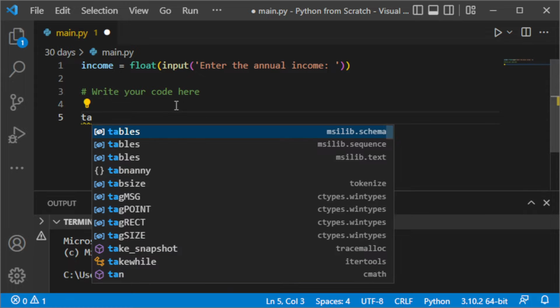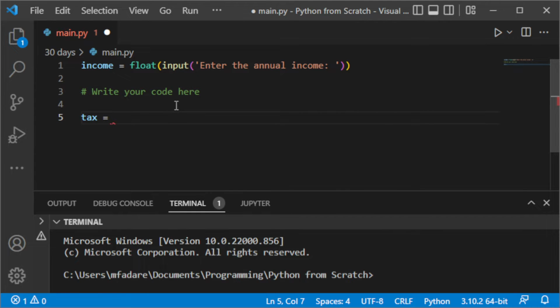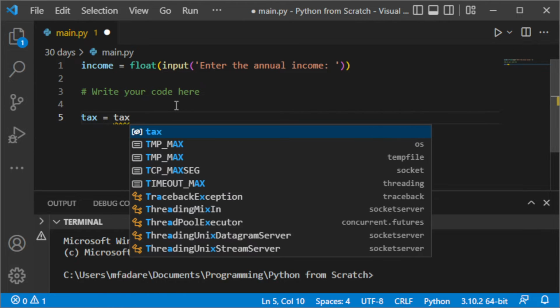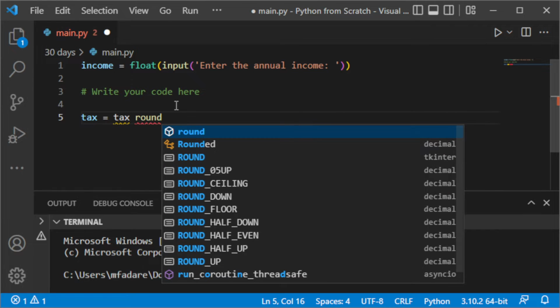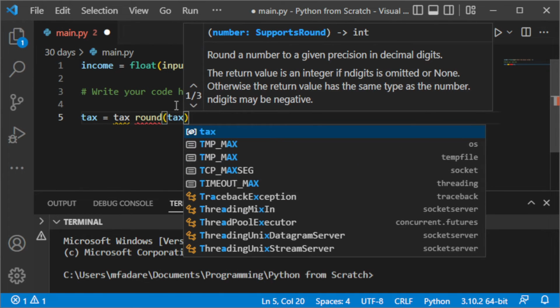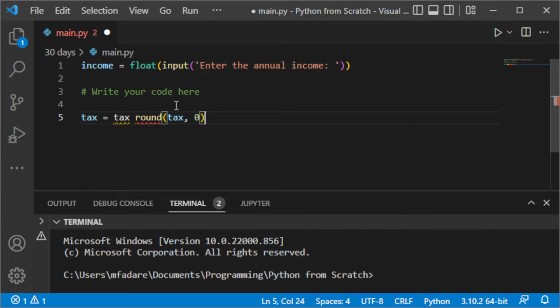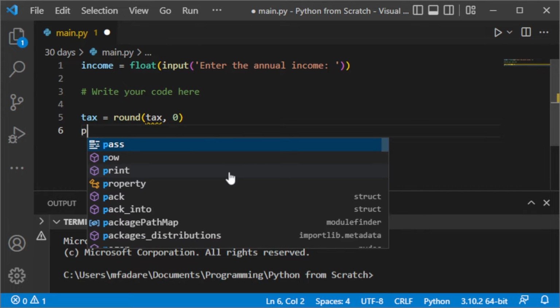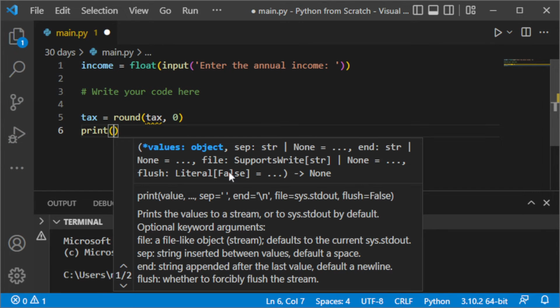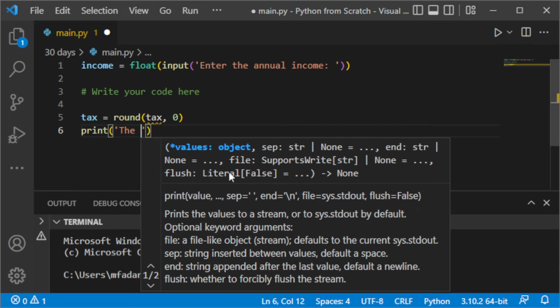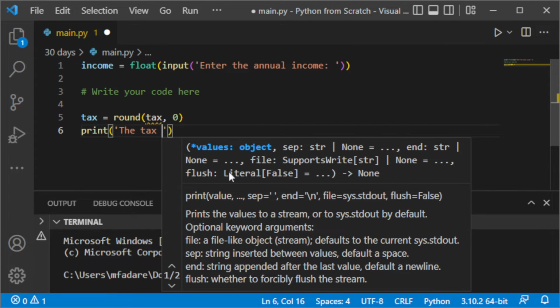Then we have tax is equal to round of tax. They've given us this already, so what this does is round our answer into a whole number. Then we are to finally print the tax is.